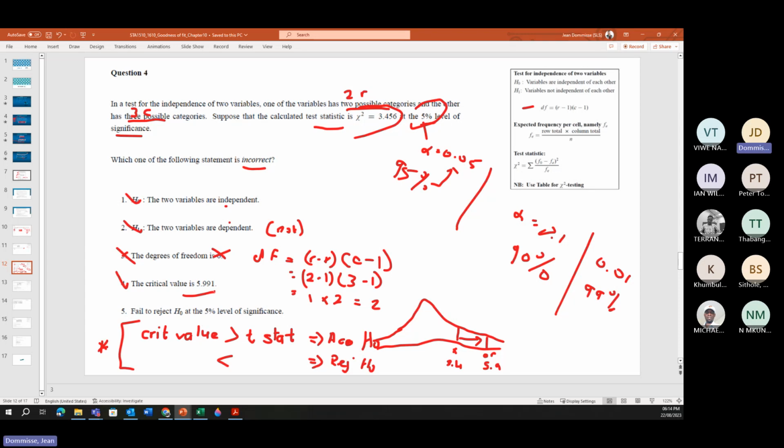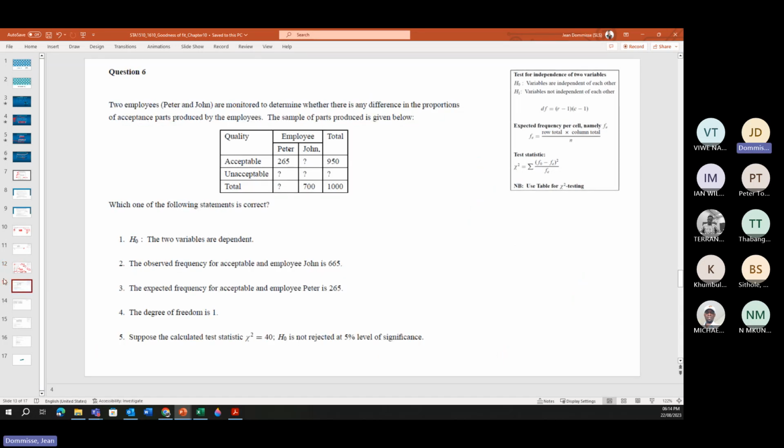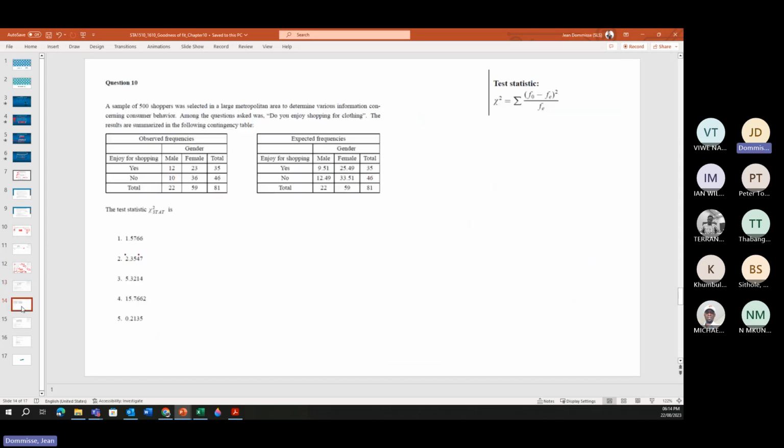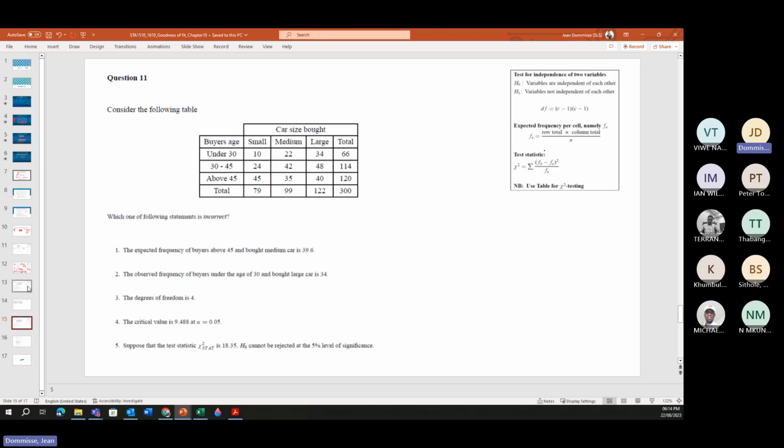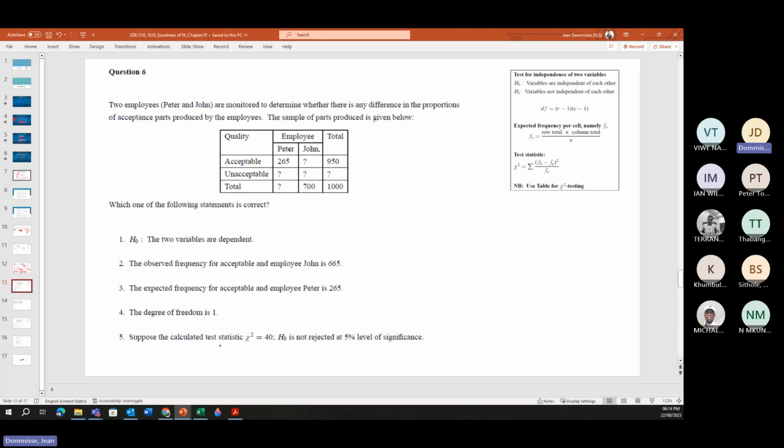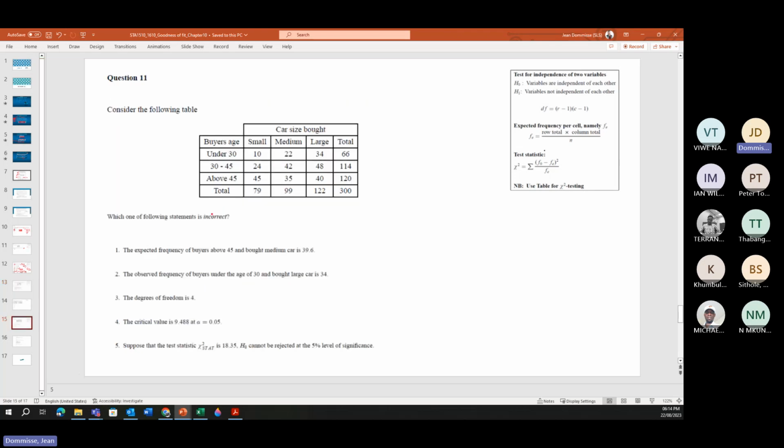And then we needed to make a final call whether we accept or reject. You will see the rest of the questions are very similar. We just have one or two things different. Again, very similar in the approach that we need to follow.